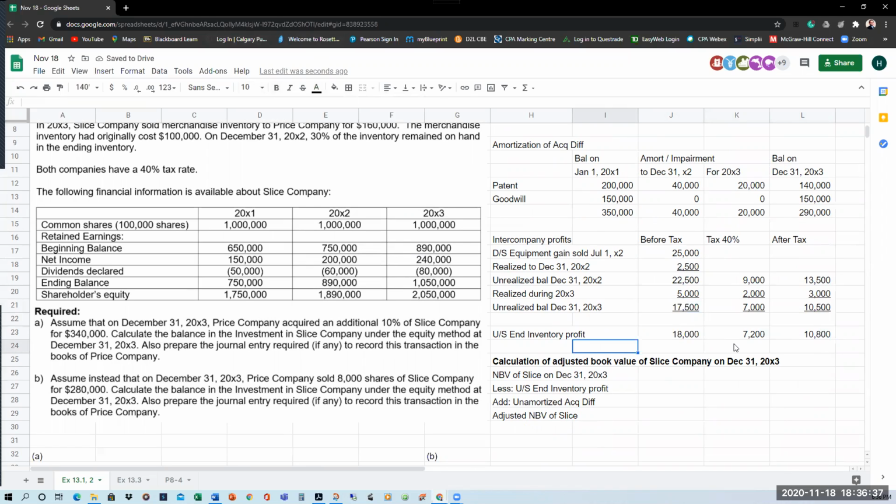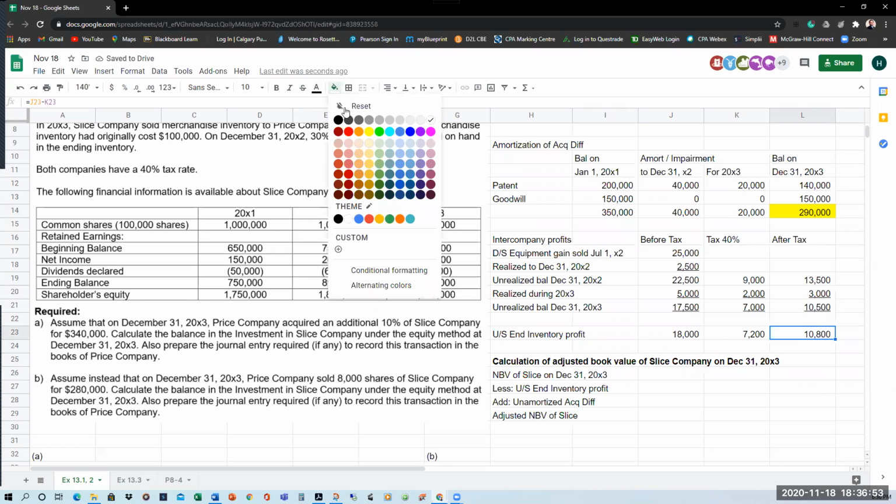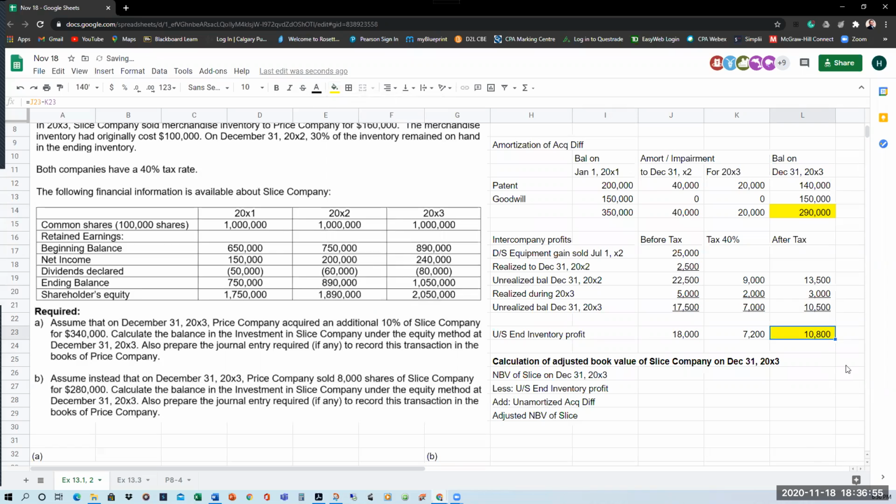Now, why did we do this calculation? Because when we do the calculation for the adjusted net book value, we will need the unamortized acquisition differential, and we would need the upstream inventory profit that has to be adjusted for.